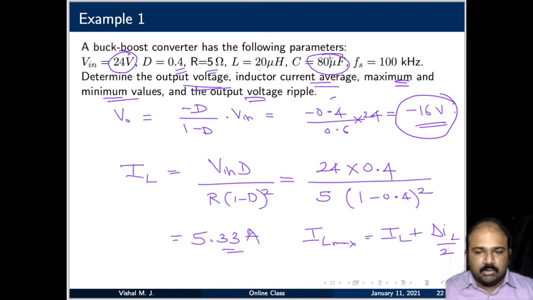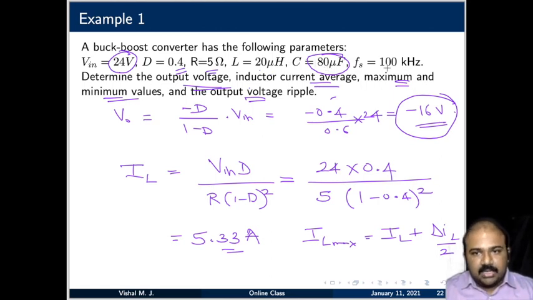Similarly, with an 80 microfarad capacitor, the output voltage ripple is 0.1%. If we can allow 1%, 10 times more, then the capacitance can be brought down to just 8 or 10 microfarad. If you increase the value of inductor and capacitor, the ripple in current and voltage will reduce.